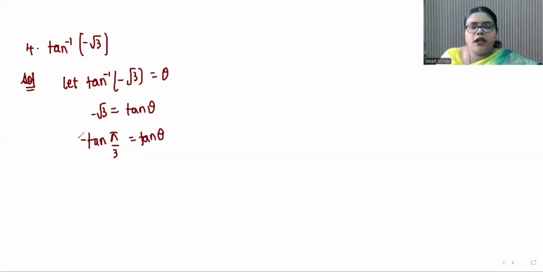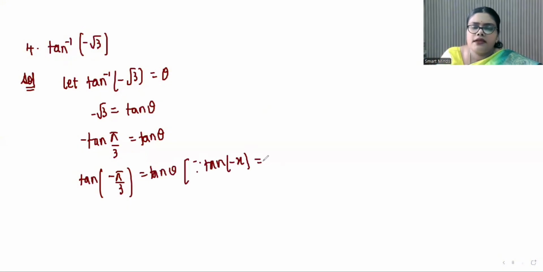And also we know that minus tan theta can be written as tan of minus theta. That is equal to tan theta, since tan of minus x is equal to minus tan x.